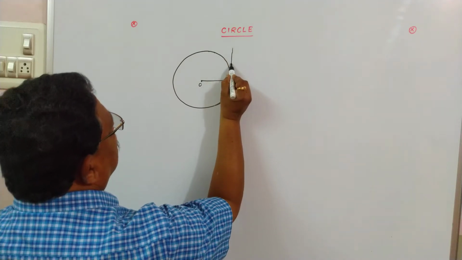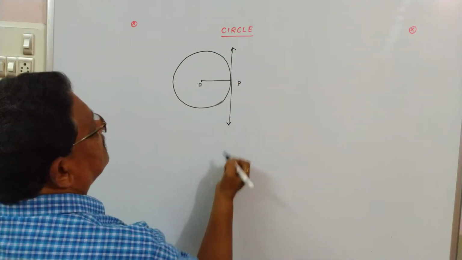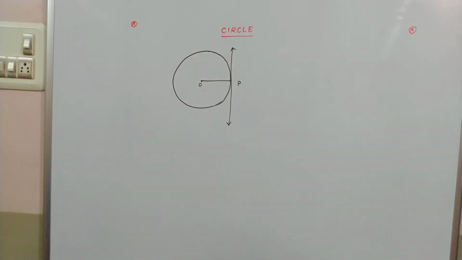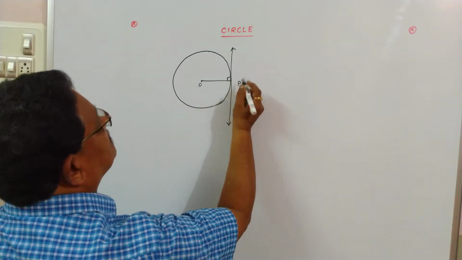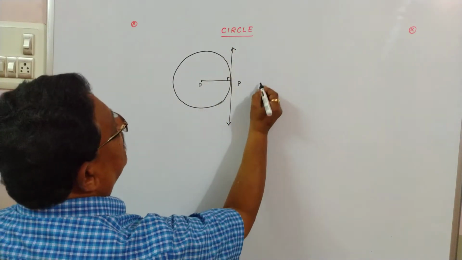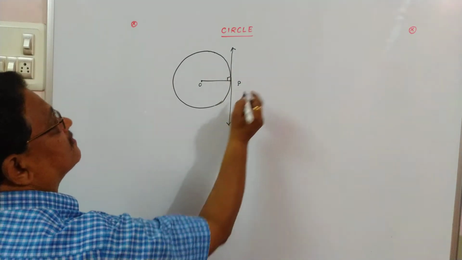If there is a line which is tangent to it, then it is perpendicular to the radius. Converse is, if a line is perpendicular to the radius of the circle at its outer end, then that line is tangent to the circle.